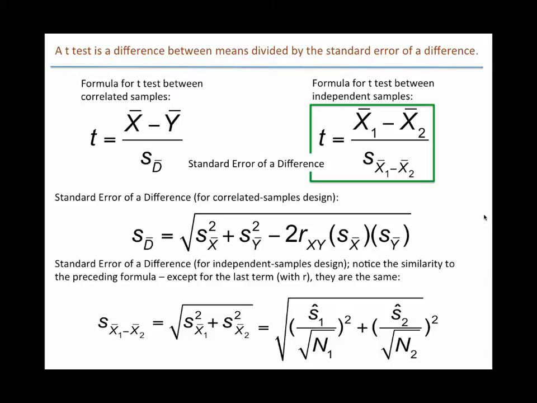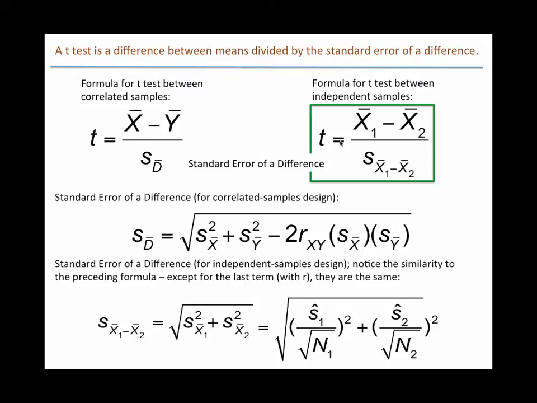Because really in an independent samples design, you have two separate groups, and those are better represented by x bar 1 minus x bar 2. The mathematics remain the same, but you'll see that I've updated many of the formulas on this slide related to the independent samples t-test to show the x bar 2 in place of the y bar.